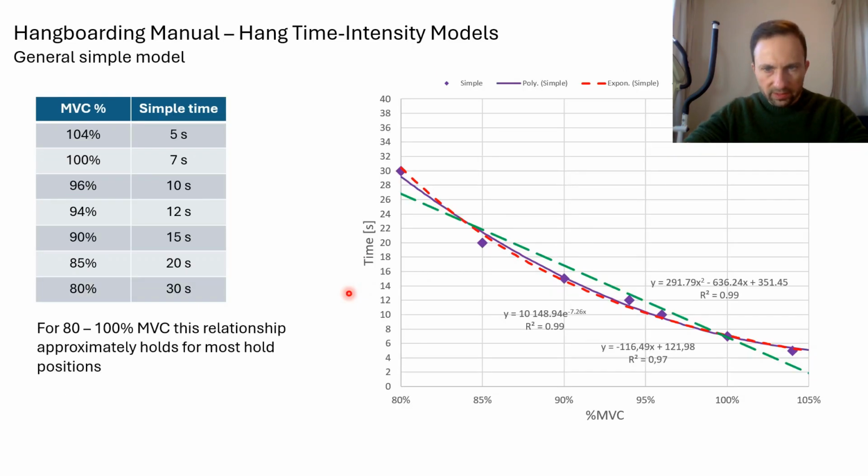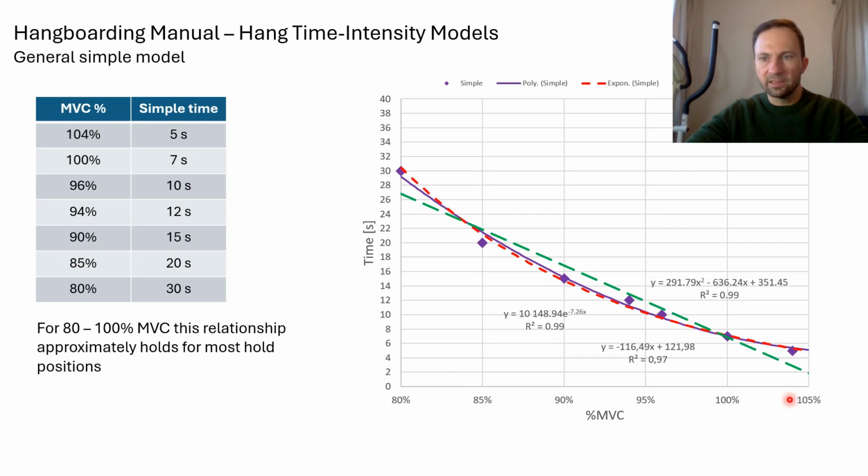It's important that we do not need to focus on low intensities to design most hangboard training programs. Even if we want to create an endurance repeaters program at 50% intensity, we don't need to hang for 100 seconds to determine the load. Instead, we want to measure our 100% MVC7 and recalculate it to 50%.